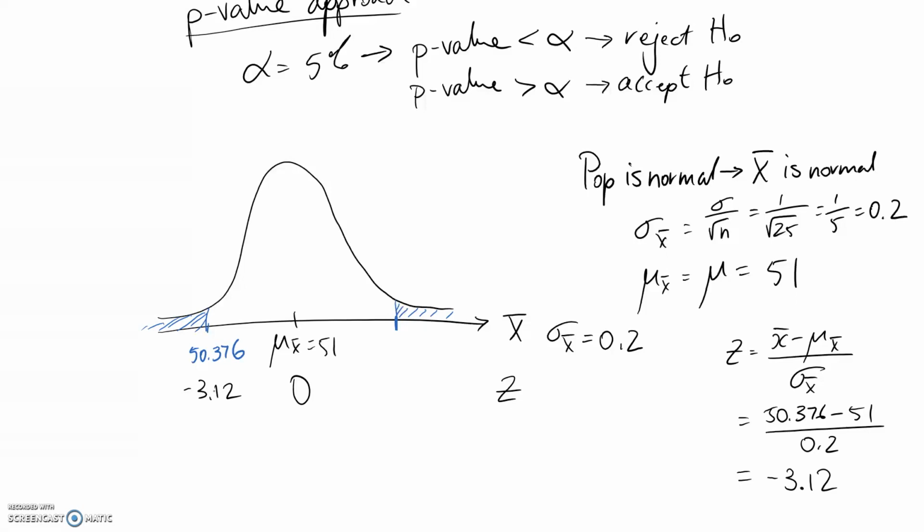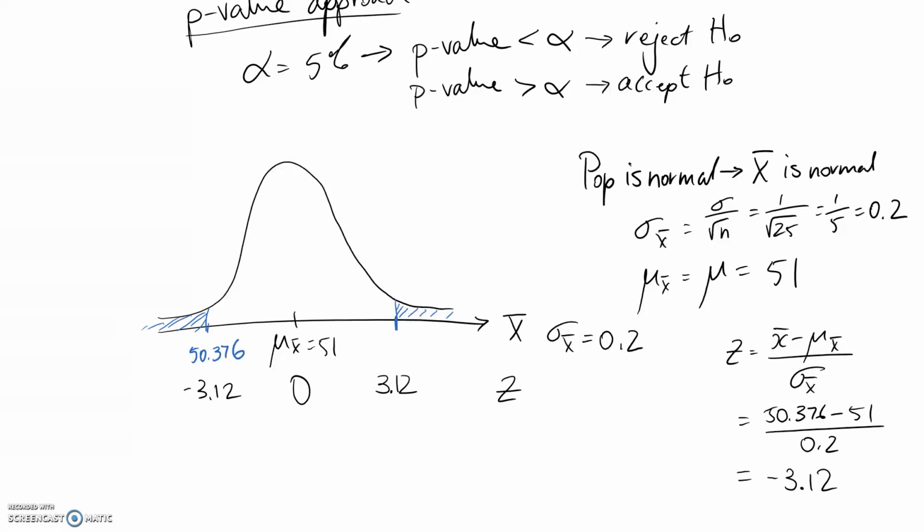Now the trick here is that we're looking at this result or more extreme on the other side as well. And because our distribution is symmetric, if this is negative 3.12, then the other side is going to be positive 3.12. So to get our p-value, all we need to do is figure out the area in both of these sections.